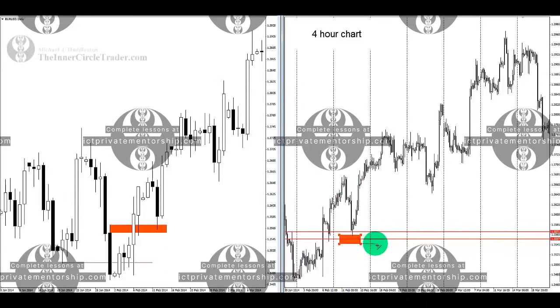Now, if you want to be a little more conservative and allow more movement, you can go 20 pips below the mean threshold, and that would be your stop as well.